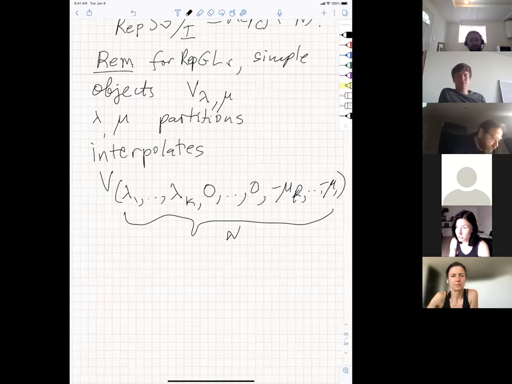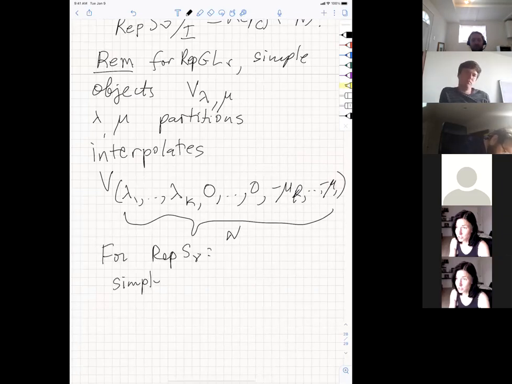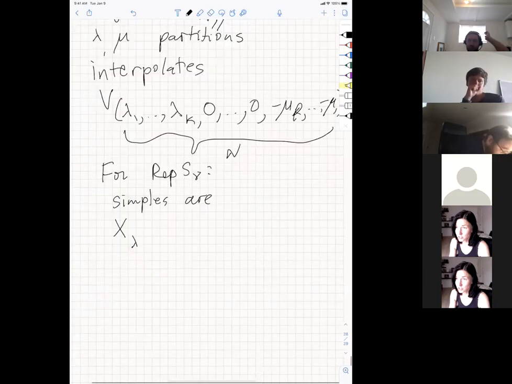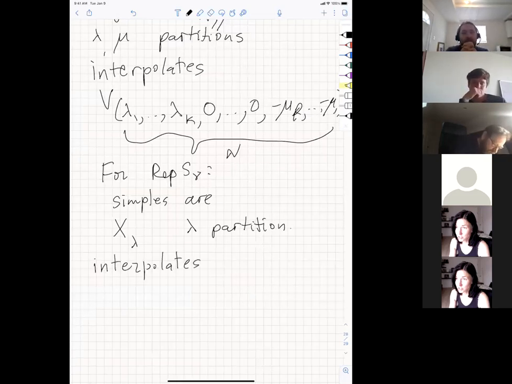which is this kind of sequence, and you can consider the representation of that weight, and this interpolates to V lambda mu. And for S nu, the simples are X lambda for one partition lambda, but of anything again. And this interpolates the following partition: n minus size of lambda, lambda 1, lambda 2, ..., lambda k.